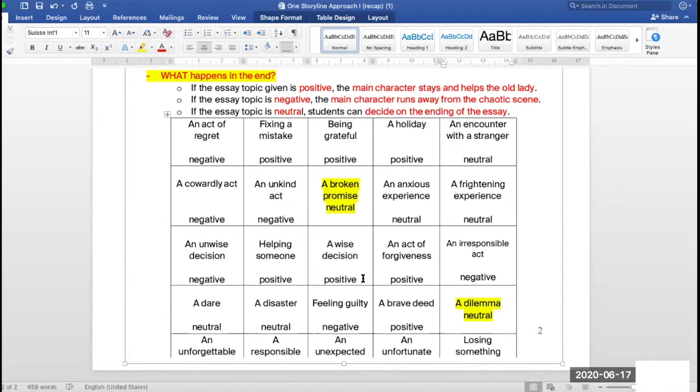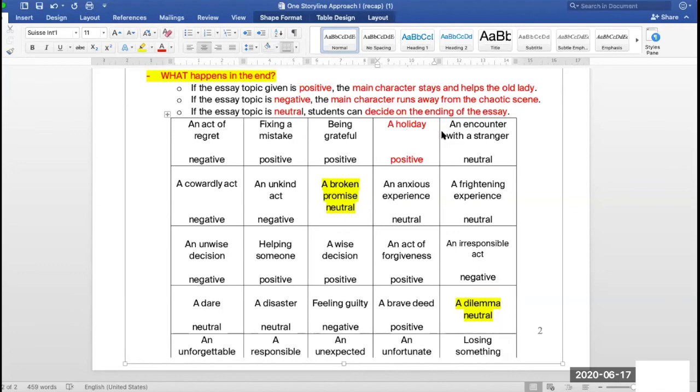And then if, let's say, you choose to write about a holiday, this one is considered to be, I would say, a positive essay topic because generally speaking, holidays are always good things, right? Like who doesn't want to go on a good vacation? So basically you need to talk about how you went overseas and you decided to rent a bicycle to cycle.